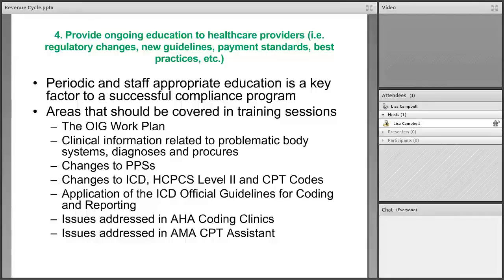So it's always a good idea to give the providers a heads up that, hey, next year we're going to be reimbursed lower for certain procedures. And again, we want to emphasize how important it is that our documentation is 100% complete and supports the care that's being provided.